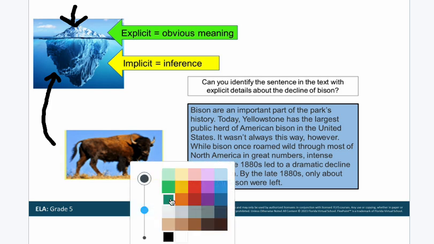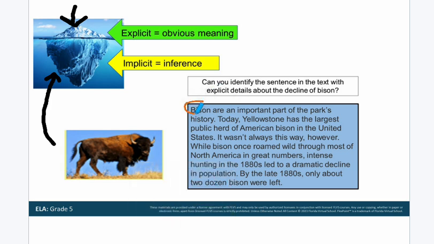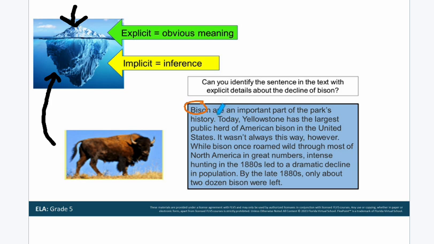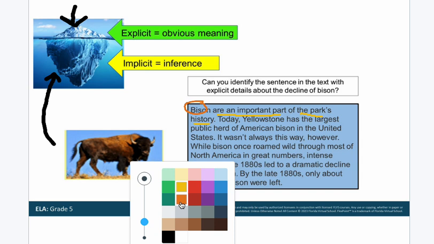All right, what is my topic? My topic is going to be bison. I know that my central idea is that bison are important to Yellowstone National Park, or Yellowstone Park's history. Okay? I know that it tells me what is evidence that supports that the bison are important.